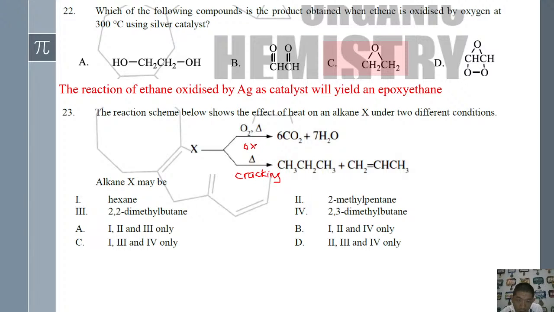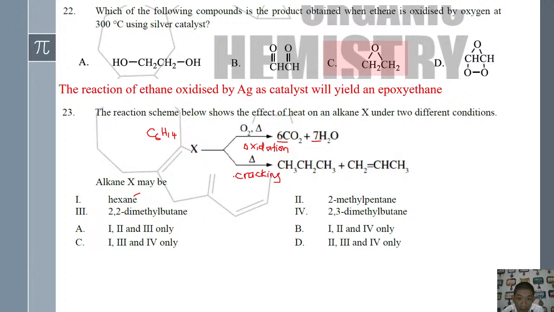Now, this is a very tricky question at times because if you analyze wrongly, then it all goes wrong. So in here, from the answer, 6C and 14H, you must know by yourself that X has the general formula of C6H14. So anything without the formula of C6H14 may not be the choice.